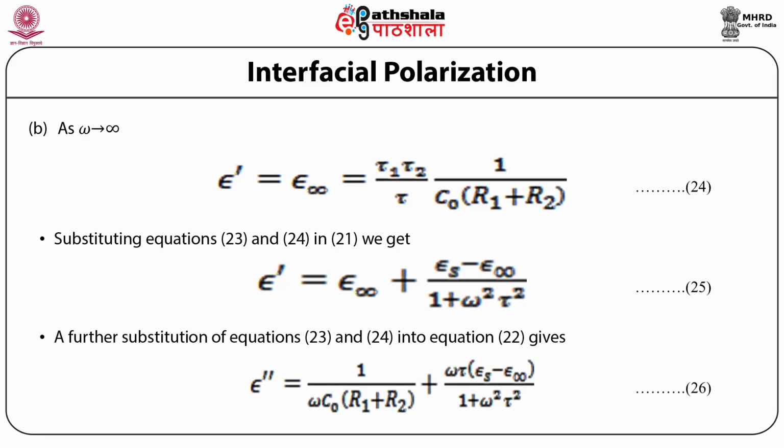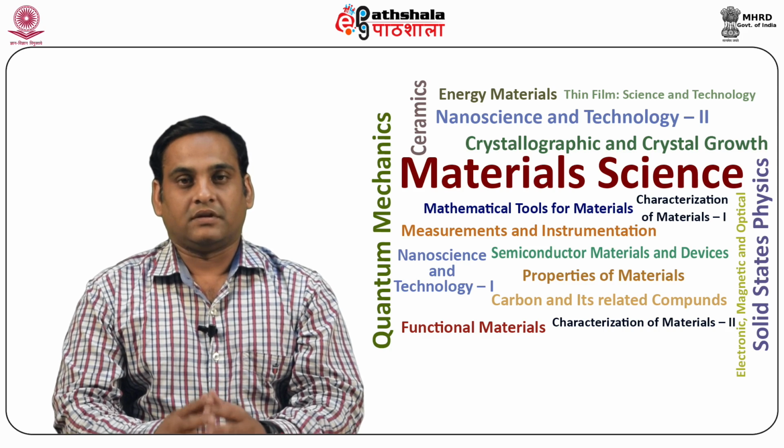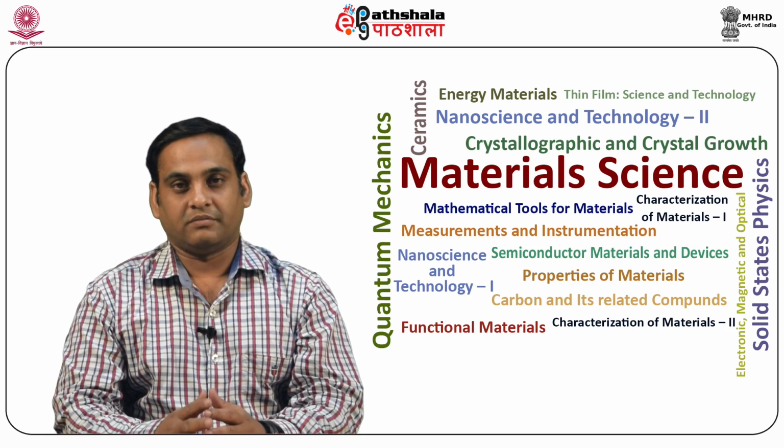A further substitution of equations 23 and 24 into equation 22 gives epsilon double prime is equal to 1 by omega C0 into R1 plus R2 plus omega tau into epsilon s minus epsilon infinity divided by 1 plus omega square tau square. Equation 25 gives the epsilon prime versus omega characteristics for interfacial polarization.